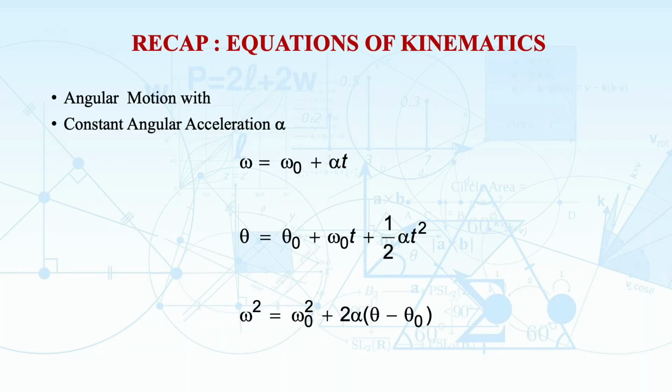We also introduced the equations of kinematics for angular motion with a constant angular acceleration alpha. There are 3 of these equations, and you know that these are omega is equal to omega 0 plus alpha t, theta is equal to theta 0 plus omega 0 t plus half alpha t squared, and omega squared is equal to omega 0 squared plus 2 alpha (theta minus theta 0).